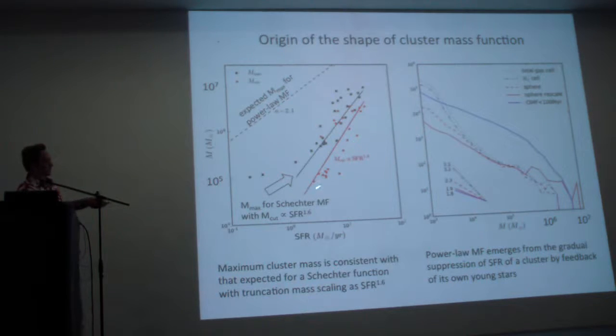If we feed this cutoff mass with a simple relation, star formation rate scaling as a power of 1.6, then we can recalculate for that function what is the maximum mass of the clusters we expect, and this is given by this solid line. And the black points are what we actually measure in the simulation. So there's very good agreement, which is a consistency check that this truncated power law really is the correct and robust description of the shape of the mass function.